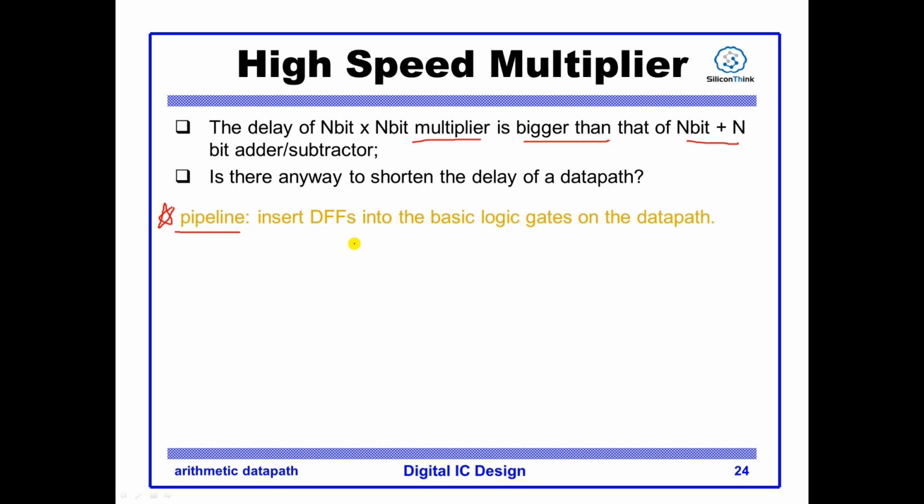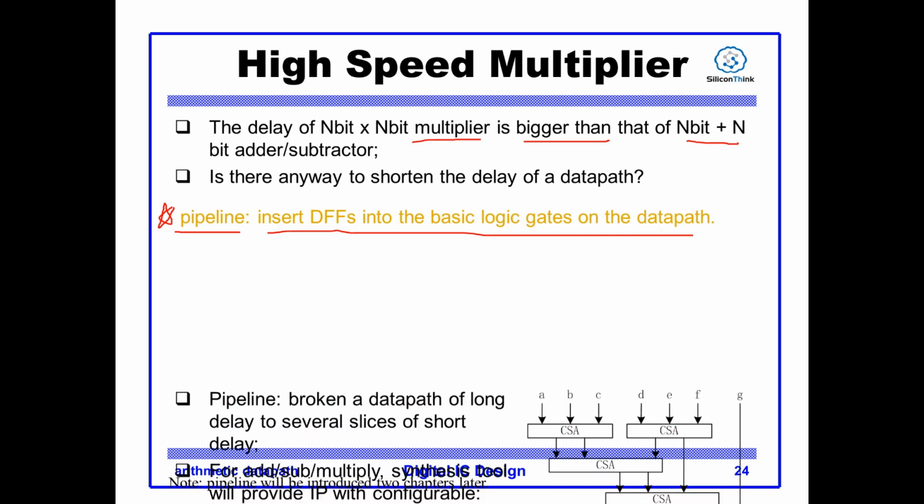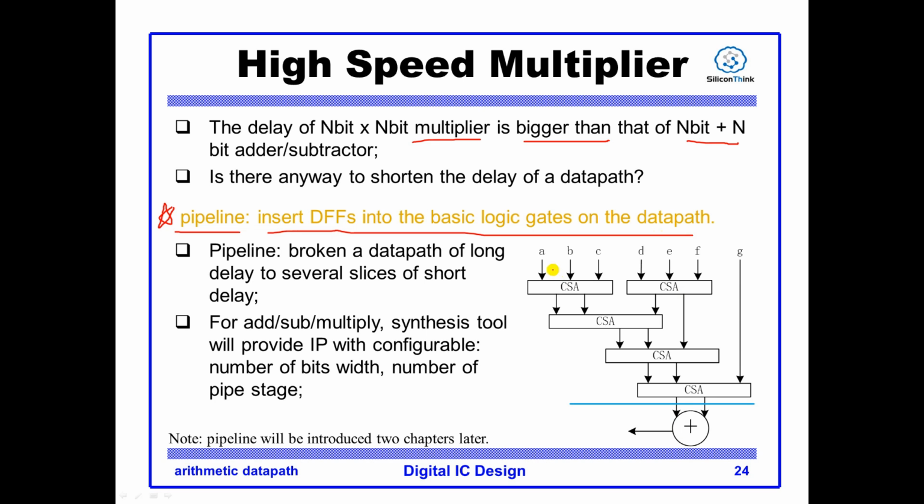Okay, the pipeline. The action we do is insert DFFs into the logic gates on the data path. So let me give you a figure. Assume these are the partial products we have generated.